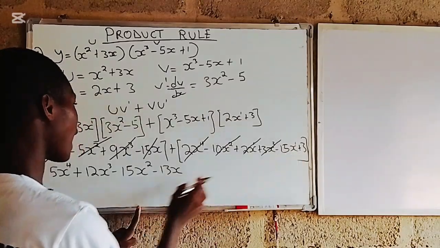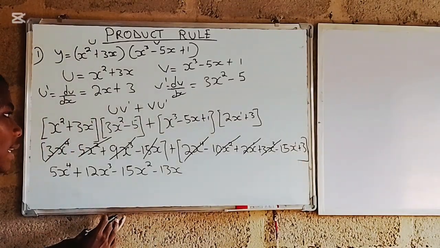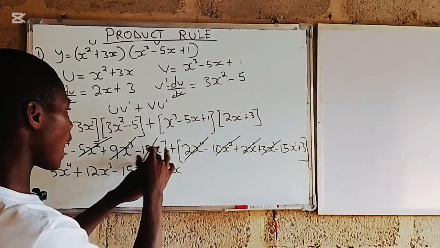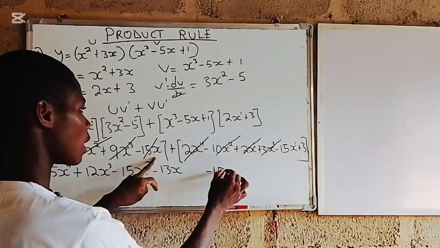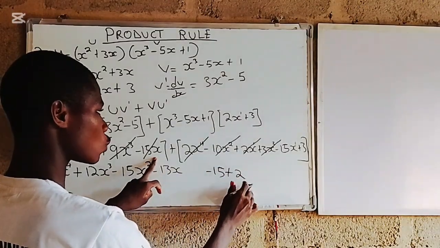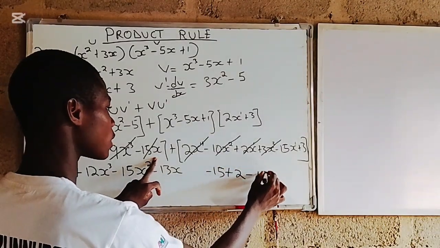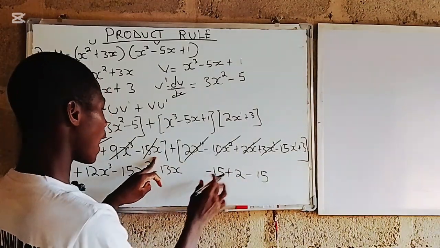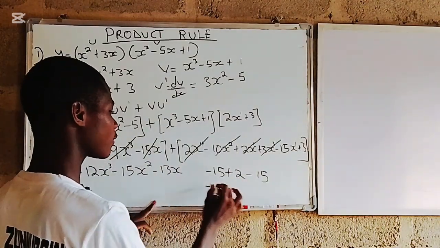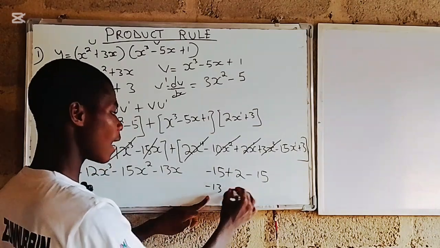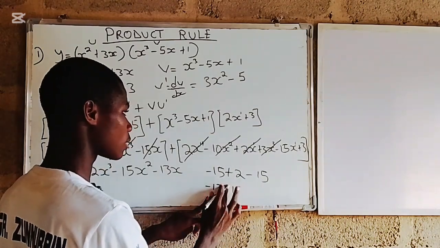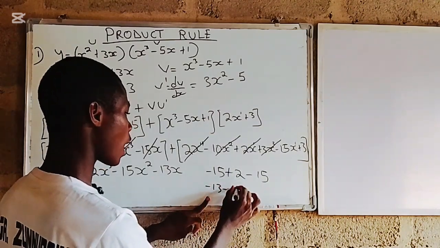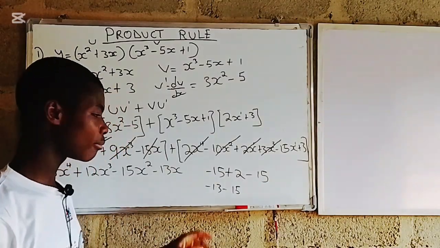The next thing that I am left with is that I have negative 15 plus 2, and also minus 15. So I got minus 13, so I have to minus it again by 15.